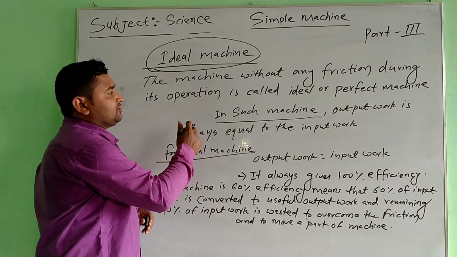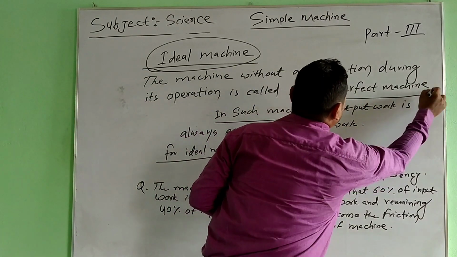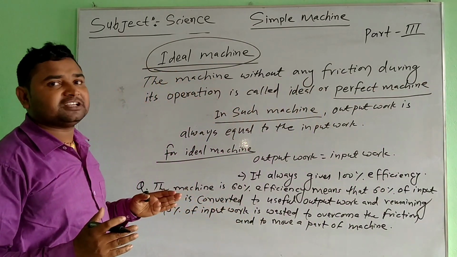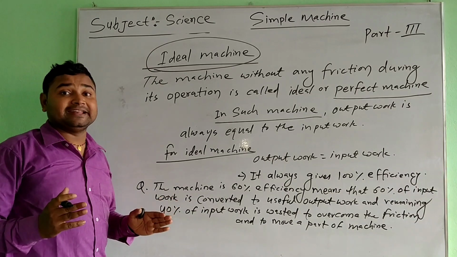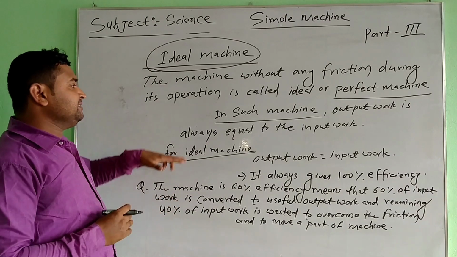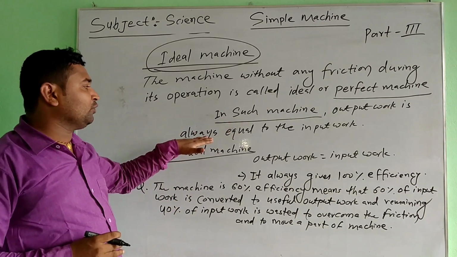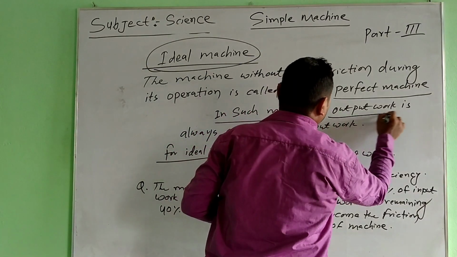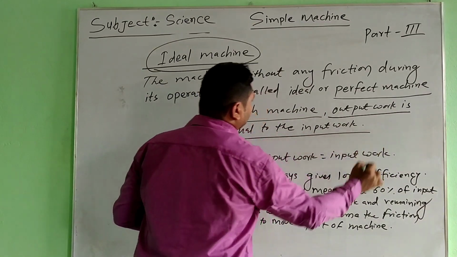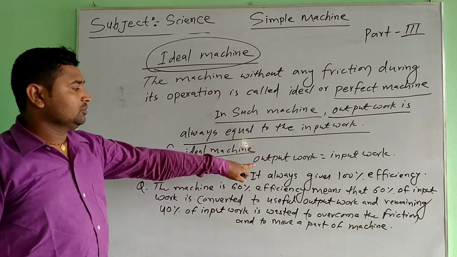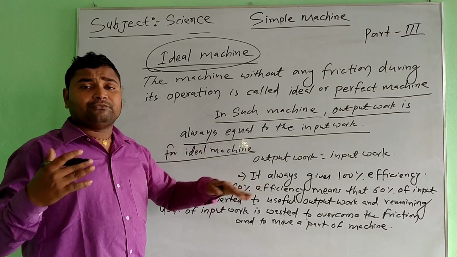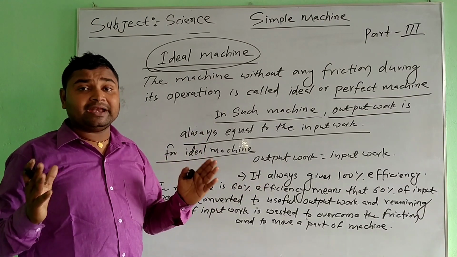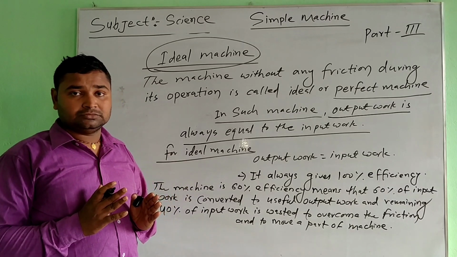This perfect machine always gives us 100% result. It means in these machines the output work is always equal to input work. Suppose 5 kg you have used, the result will be 5, with no reduction.